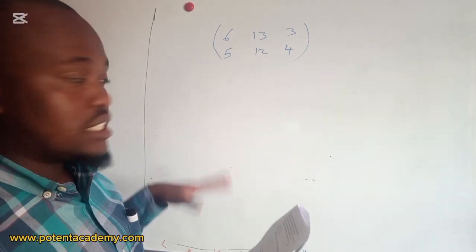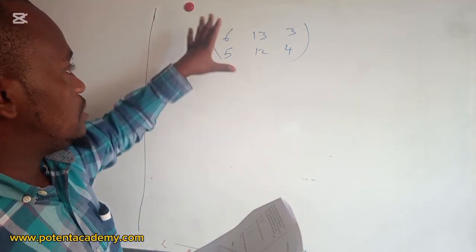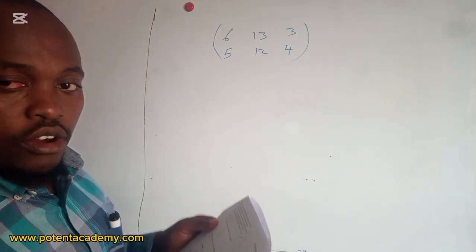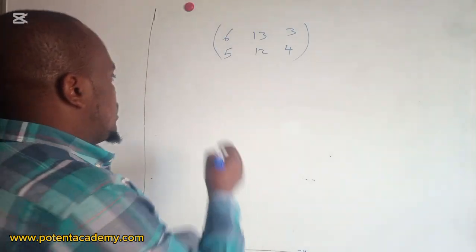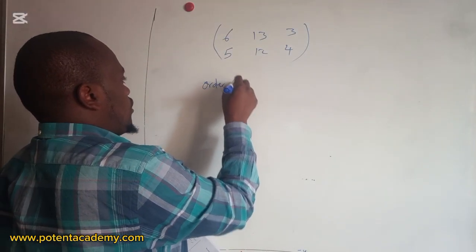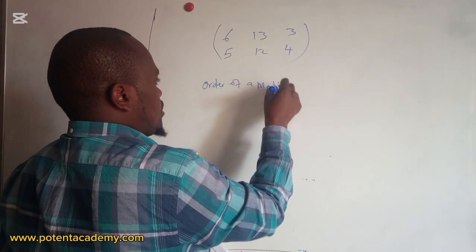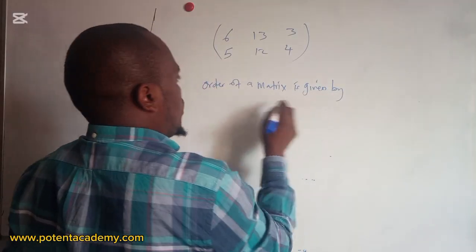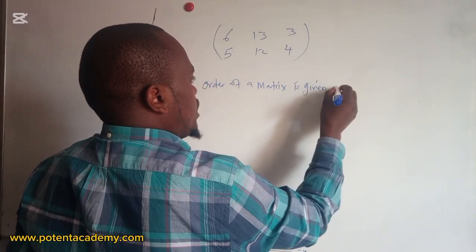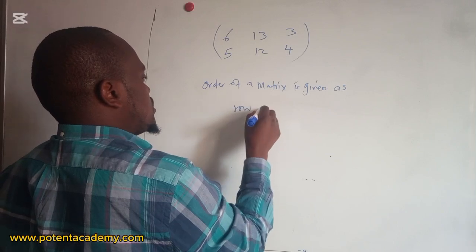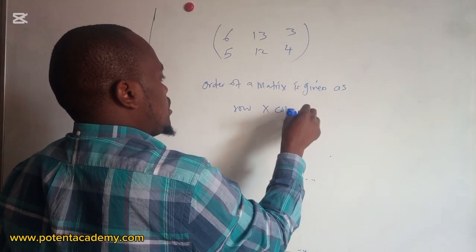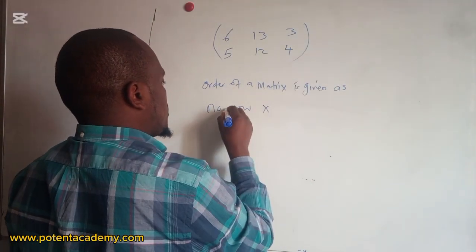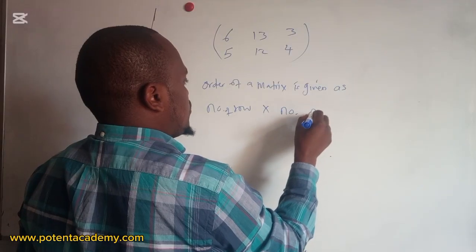What is the order of the matrix? Anyway, that was not very important. It is important to know how they have been arranged. However, the question here, what is the order of the matrix? Order of a matrix is given as number of rows times number of columns.